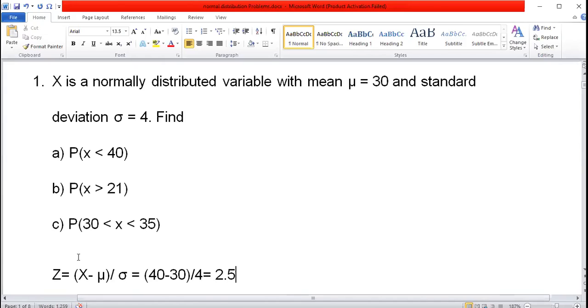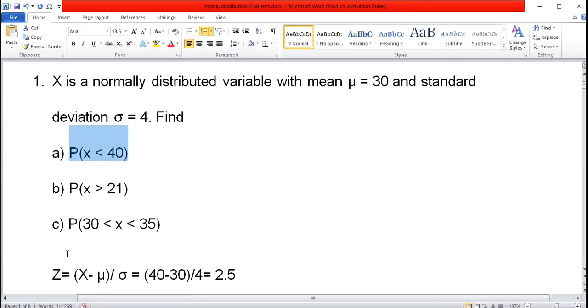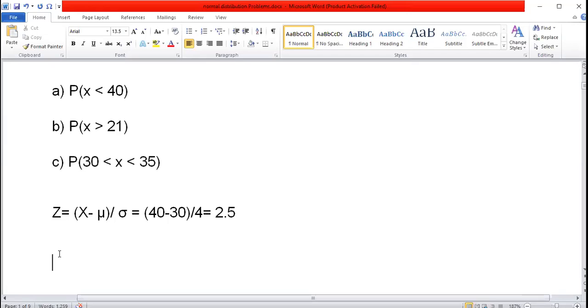So basically, the probability that x is less than 40 is the same as the probability that z is less than 2.5.